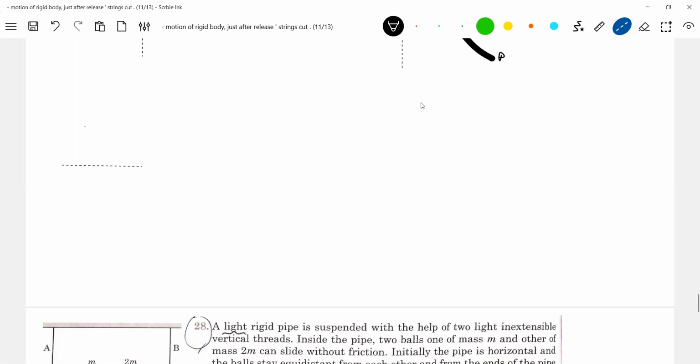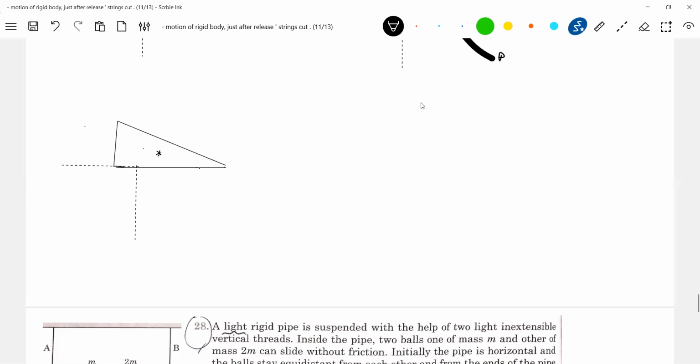Let's see that. The very first thing, the triangular plate, let's see that. So it will be very easy for you. Center of mass will come somewhere here, that we have to find out.